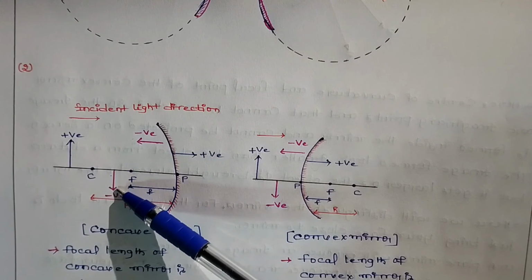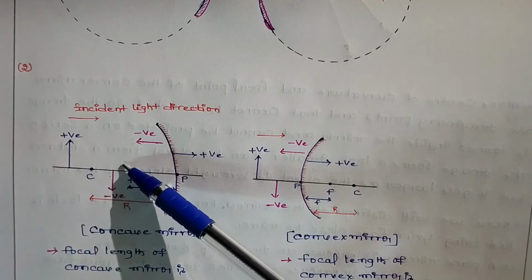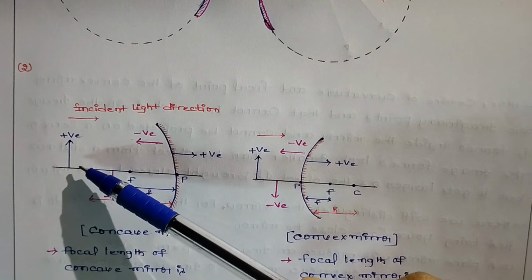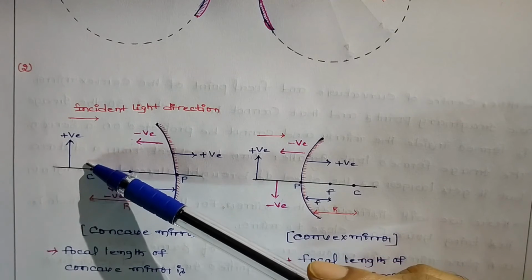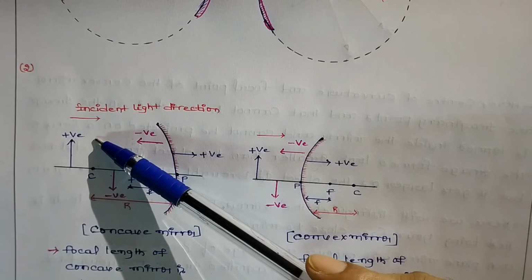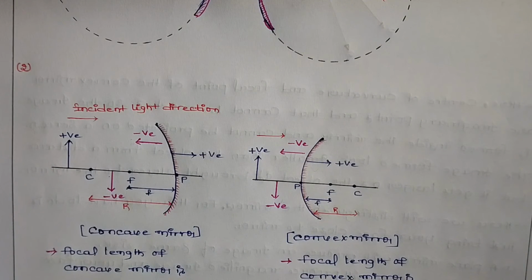If you measure the object height or image height downward from the principal axis, it is taken as negative. If we measure upward from the principal axis, we take it as positive.